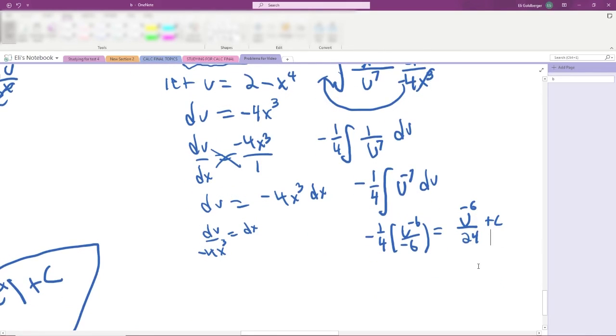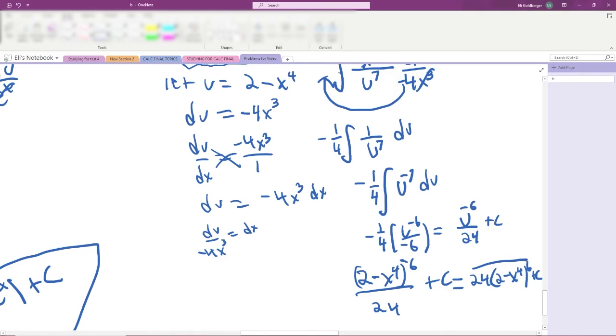But now we need to replace u again with the original, so it'll be 2 minus x to the 4th, all to the negative 6, over 24, plus c. But now let's move it back into the denominator, and we'll get 24 times 2 minus x to the 4th to the power of 6, plus c over 1. Or I mean under 1. And that should be our answer.